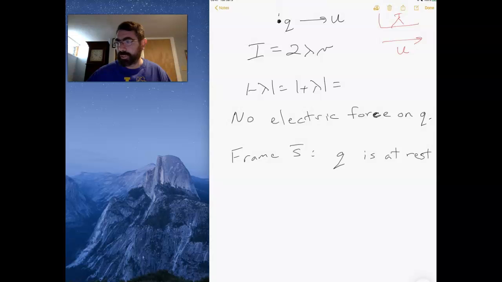It's not moving, because if q moves a meter and the frame moves a meter, then the observation is that point charge q is not moving.